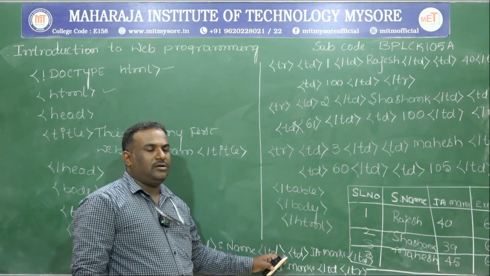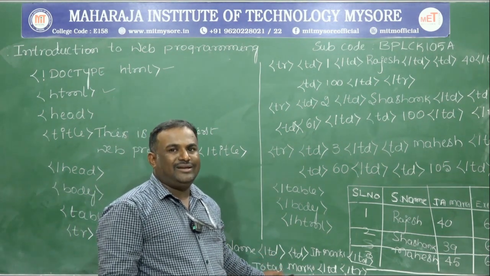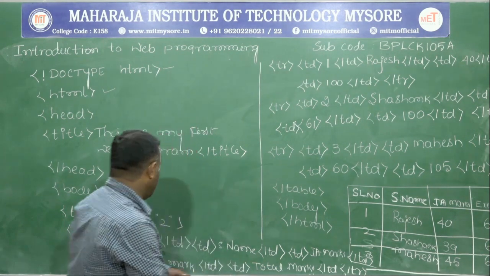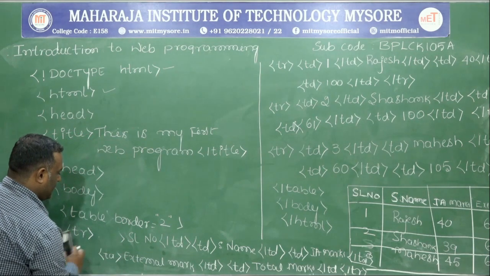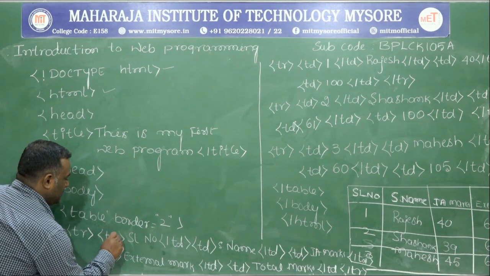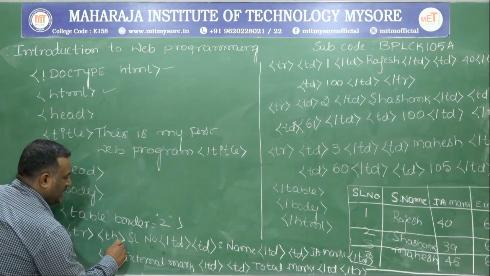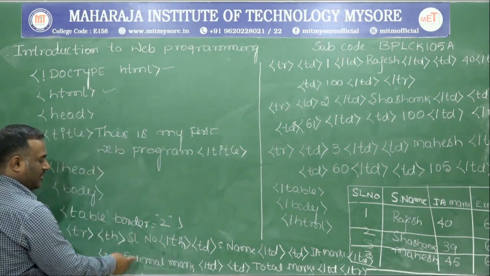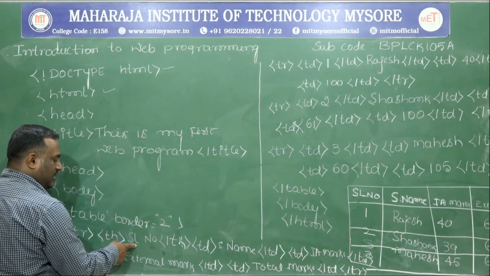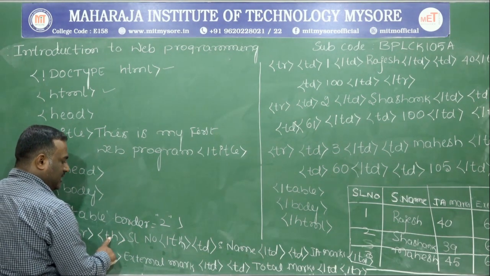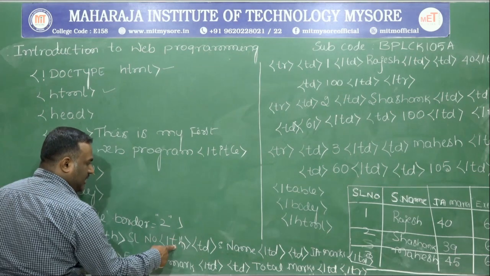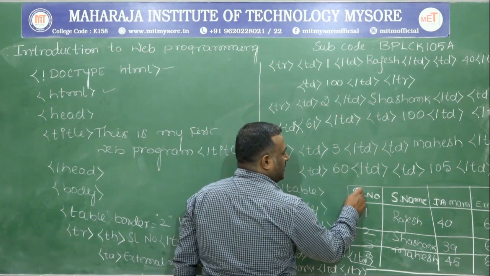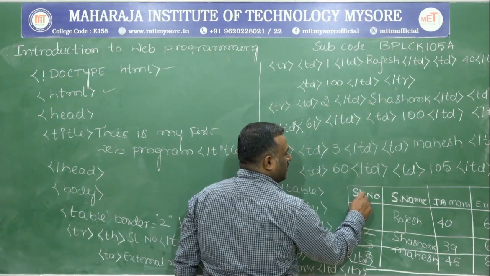This all text is written inside the TD. Just replace the TD with a TH. Whatever data is written in between the starting TH and ending TH will be displayed on the web page in heading format.